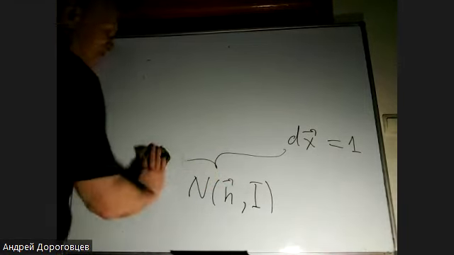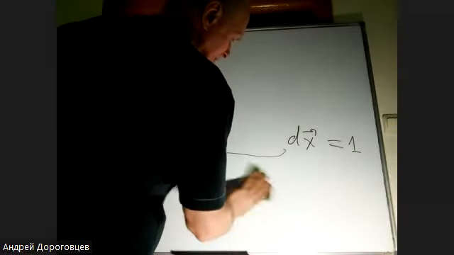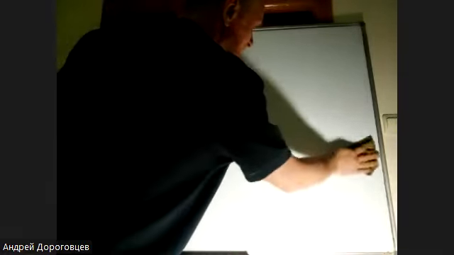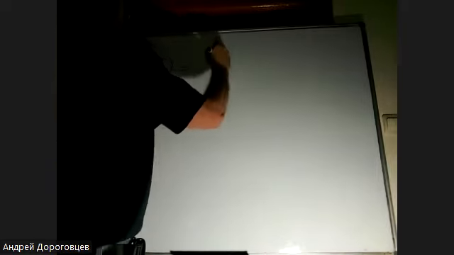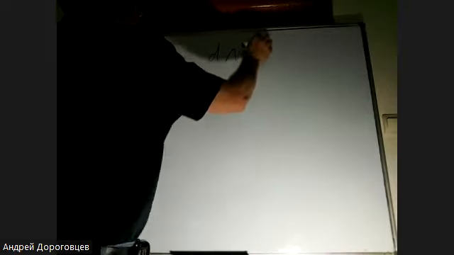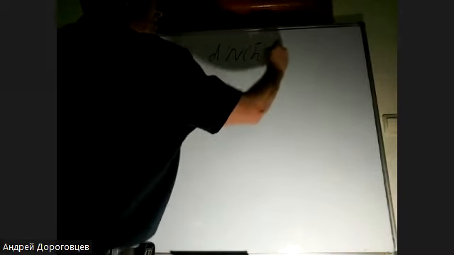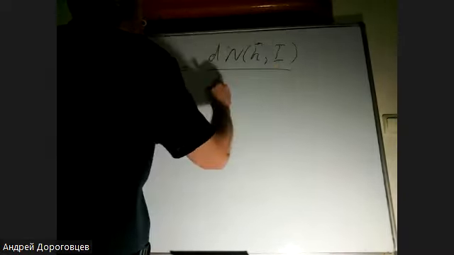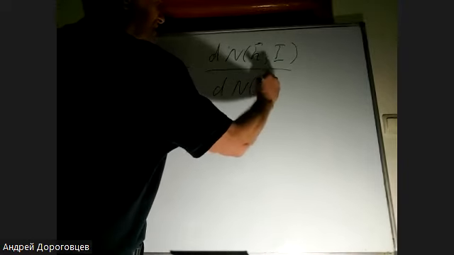And it is interesting that when we calculate its expectation, it occurs that E of h can be interpreted as a density of a normal distribution with mean h with respect to the normal distribution with standard parameters.